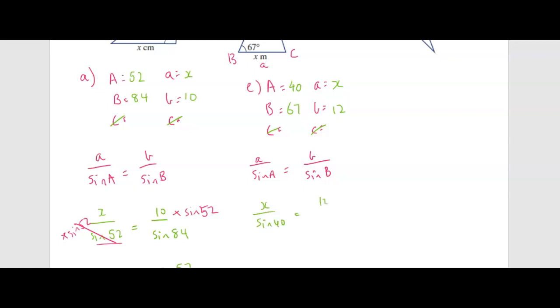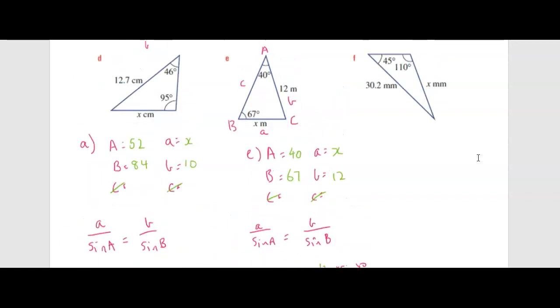B is 12 over sine 67. Okay, going to multiply both sides by sine 40. So times sine 40 times sine 40 goes away. X equals 12 sine 40 over sine 67. And then you can put that in your calculator, I'm sure.